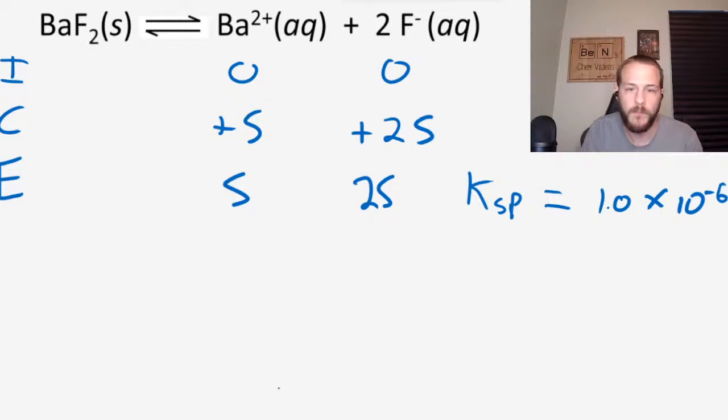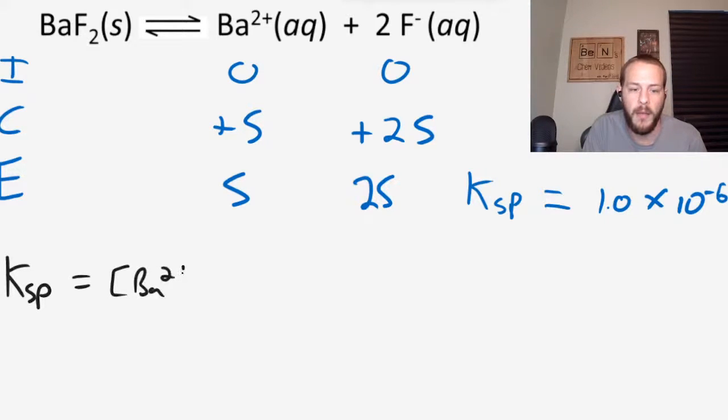And so we know the expression for Ksp is equal to the concentration of barium ion, to the first power, times the concentration of the fluoride ion, F minus, squared.